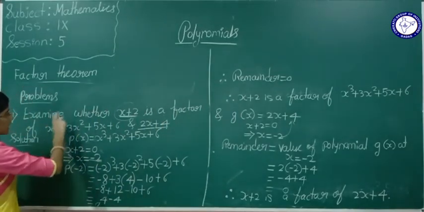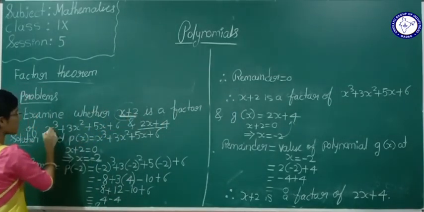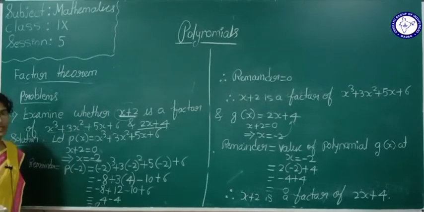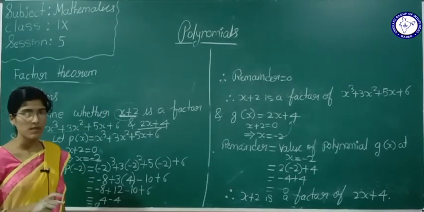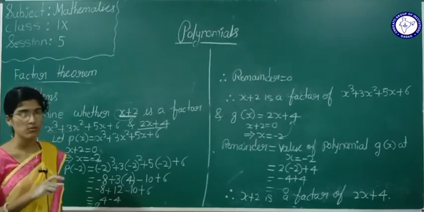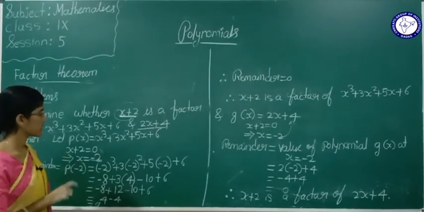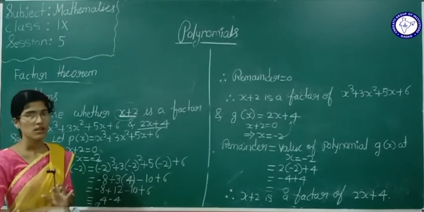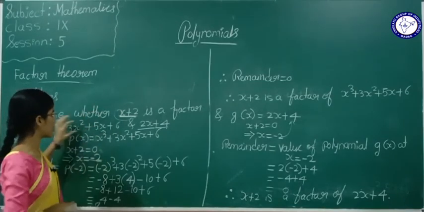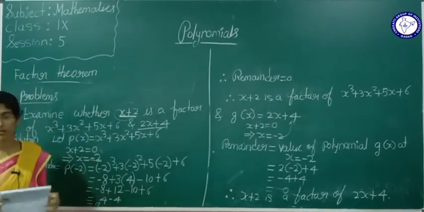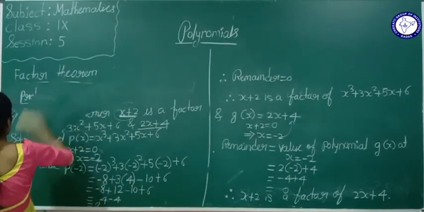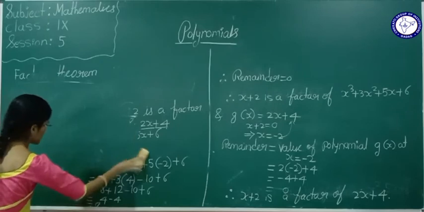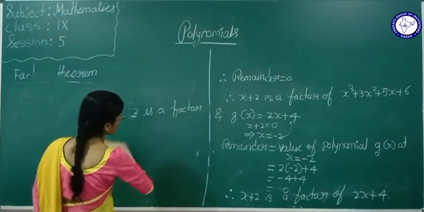The factor theorem tells us that if the remainder is 0, only then the linear polynomial is a factor of the given polynomial. So next we will go for one more problem.